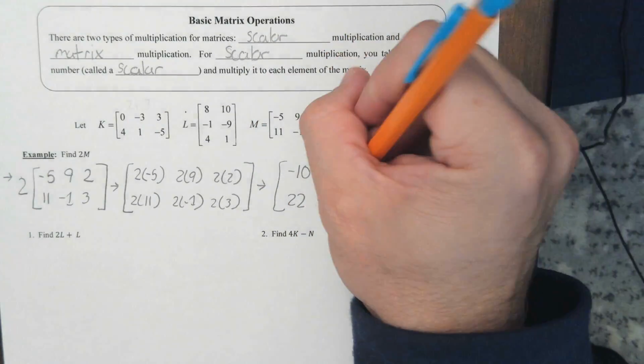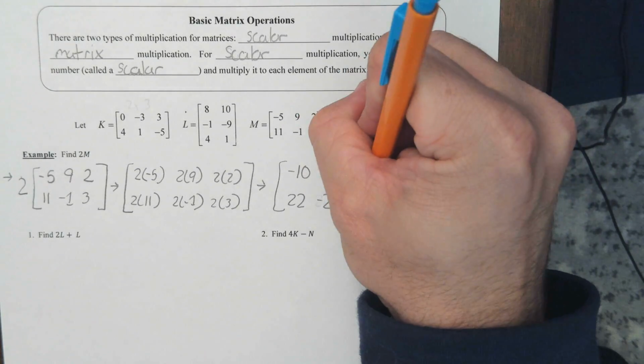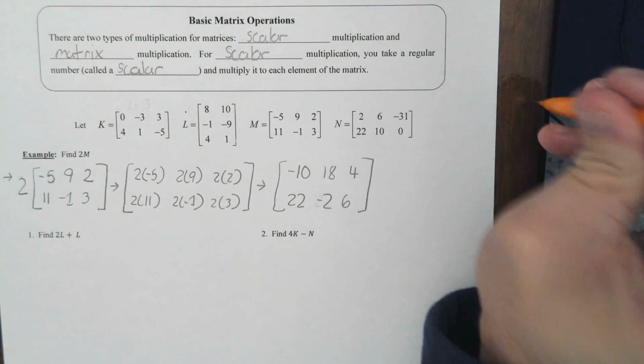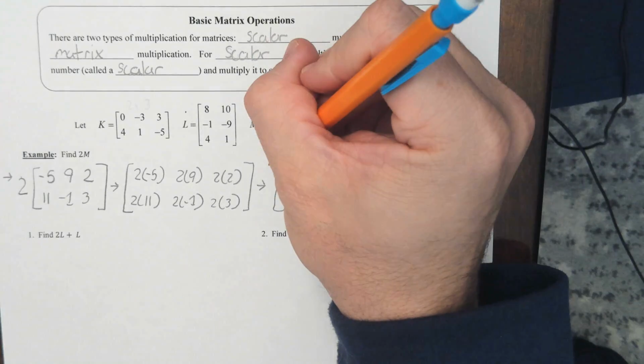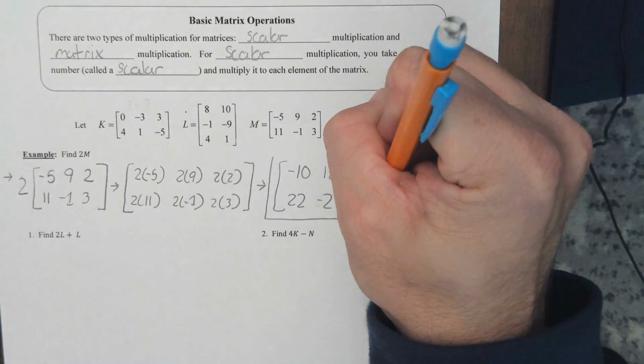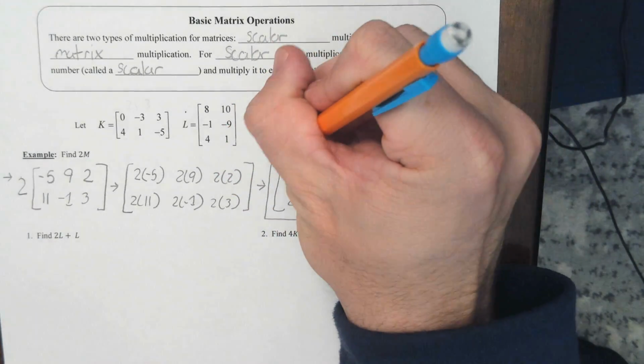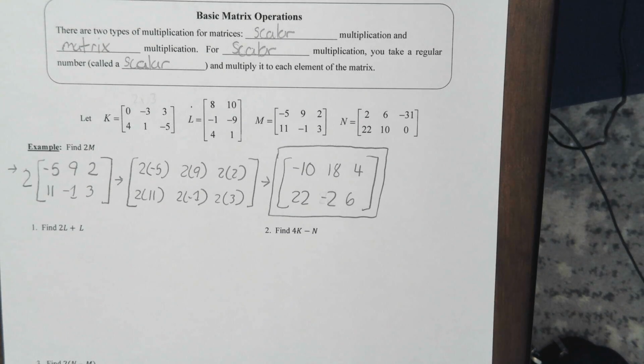And then 2 times 3 is 6. And there you go. So that's scalar multiplication right there.